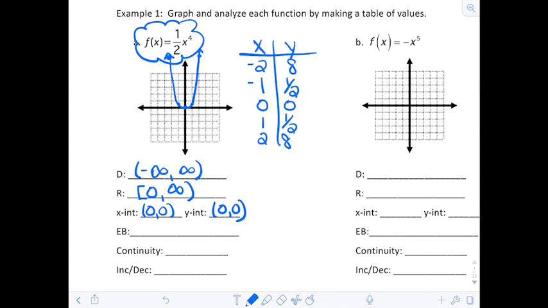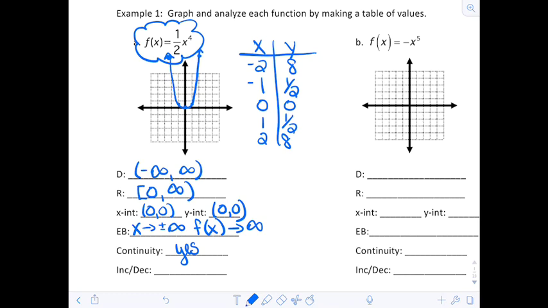EB stands for end behavior. So as I look at x going to, I'm going to put these both together. As it goes to positive and negative infinity, my function does the same thing. It also goes off to infinity. Is it continuous? Yes, I can draw this without picking up my pencil. Is it increasing or decreasing, and where?